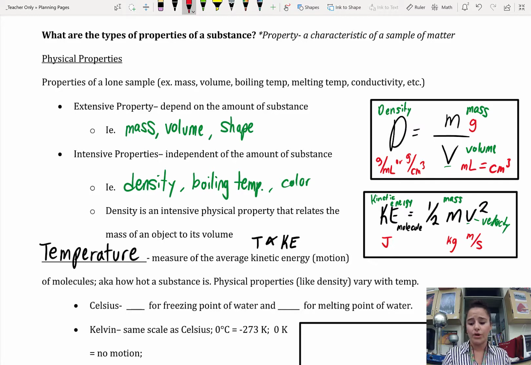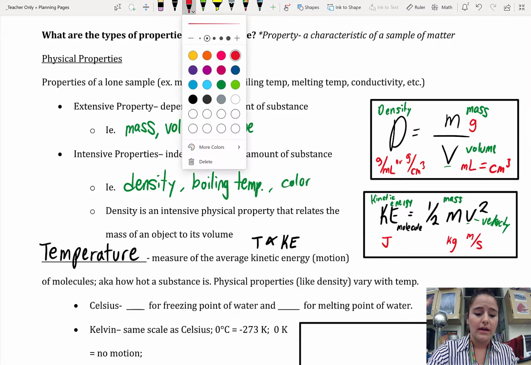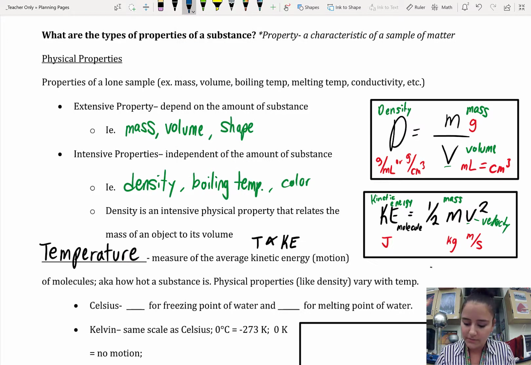So if I were to double the speed of all of the molecules, okay, so if the velocity doubles, what would happen to the temperature? Well, the velocity is squared in the equation.